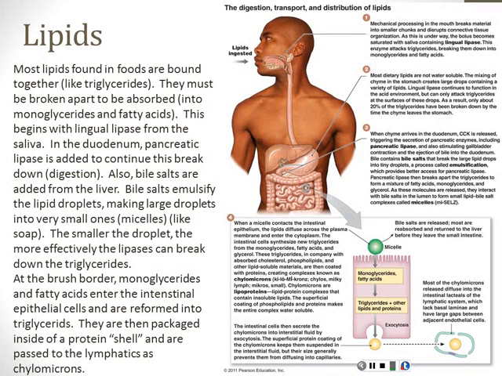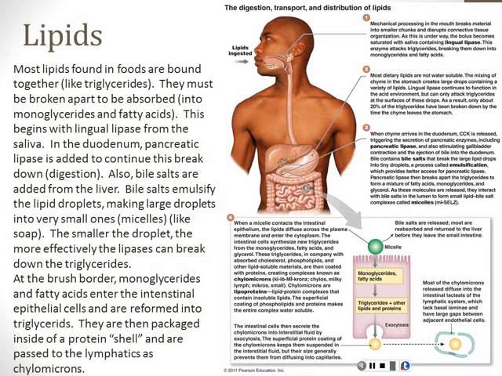So oil and water don't mix. So what we end up with are droplets, right? The enzymes that are going to break up that triglyceride, they're out here, right? They're in solution. They're in water. So this is oil.